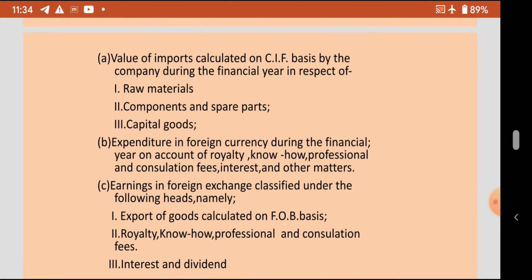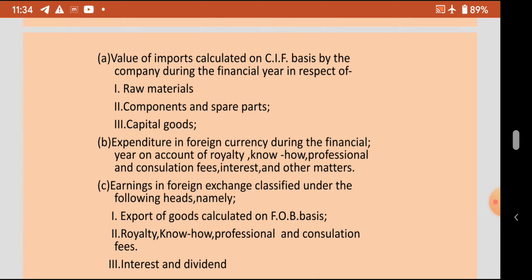value of imports calculated on CIF basis by the company during the financial year in respect of raw materials, component and spare parts, capital goods. Then expenditure in foreign currency during the financial year.